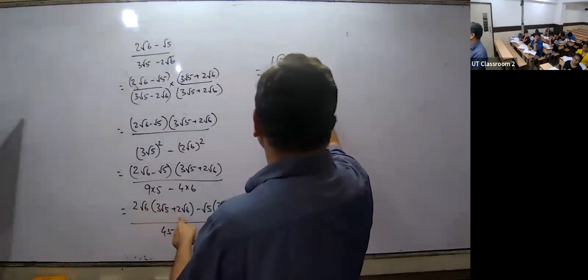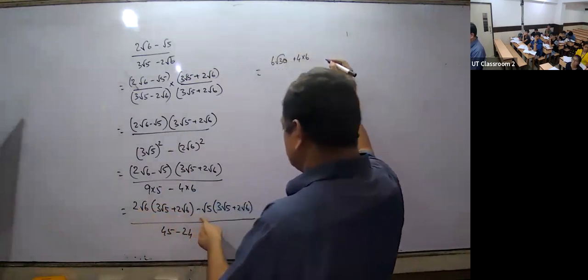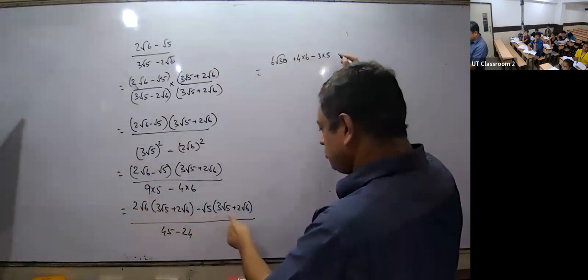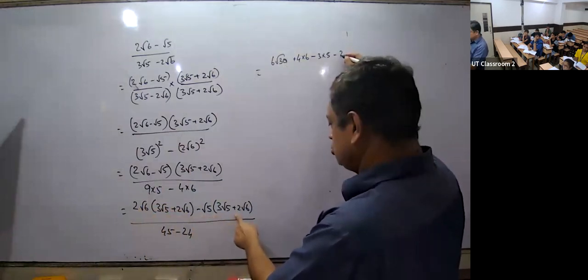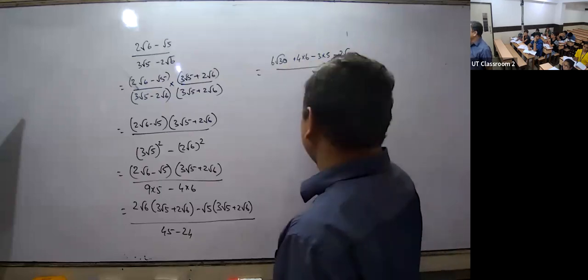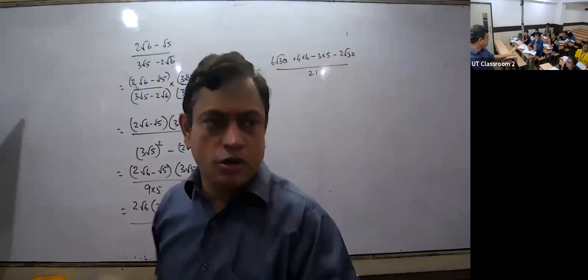Then 2 into 2, 4 into root 6 into root 6, that is 4 into 6. Minus root 5 into 3 root 5, minus 3 into 5. Again minus 2 into root 6 into root 5, which is root 30. Divided by 45 minus 24, which is 21. Hope all of you followed this step.